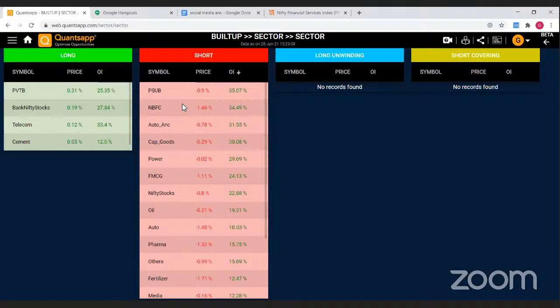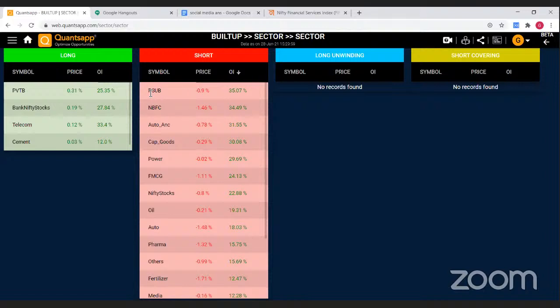So what I have seen is that there's a lot of build-up going on. It means something is increasing the open interest, the cumulative open interest, for all these stocks in this particular sector. Similarly, I can see the cumulative OI for all these stocks that are in the particular sector.